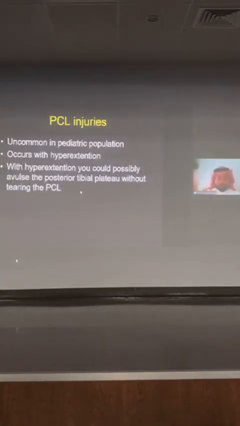I hope I have covered most of it for you, so you can have a feeling of how an ACL injury can look and what the appearance of ACL injuries is. Again, the take-home message from the ACL injuries: on plain x-rays, please have a look at the Segond fracture, have a look at the tibial spines very well, look if there is any joint effusion, and the dip in the lateral femoral condyle is very important as well.